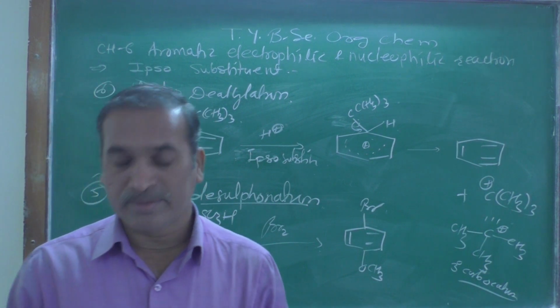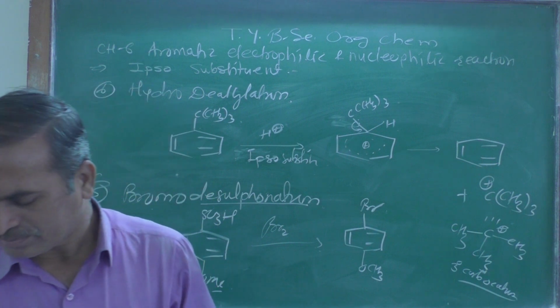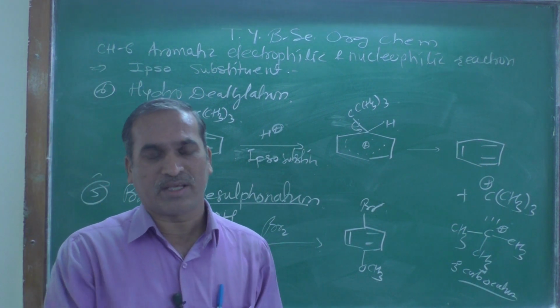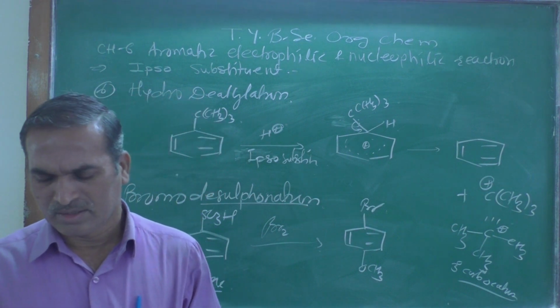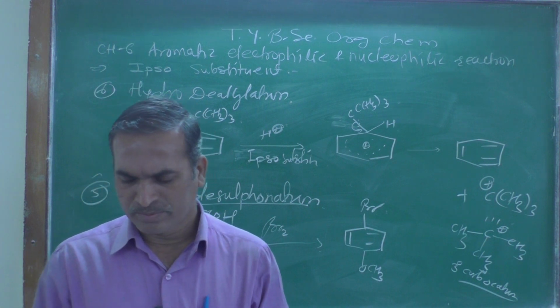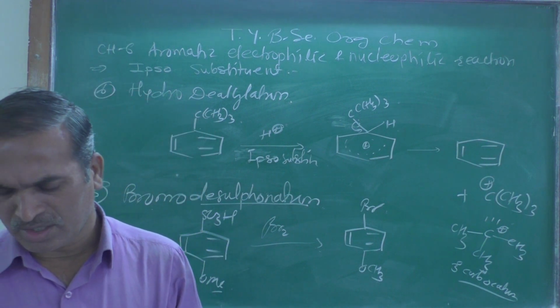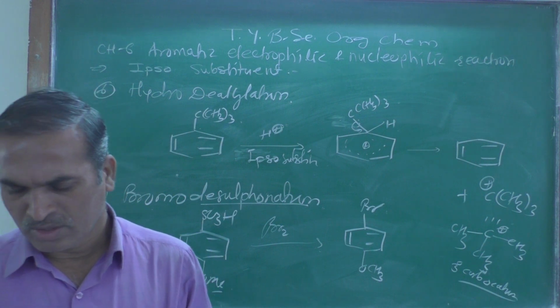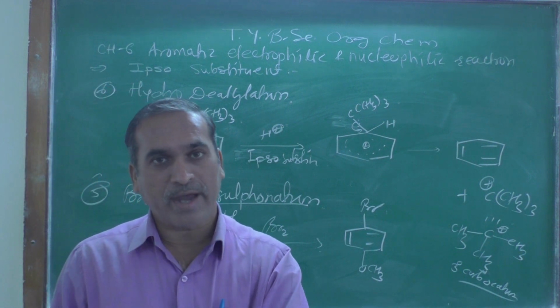For example, suppose we have some rearrangement of alkylbenzene, where isomerization also involves ipso attack.